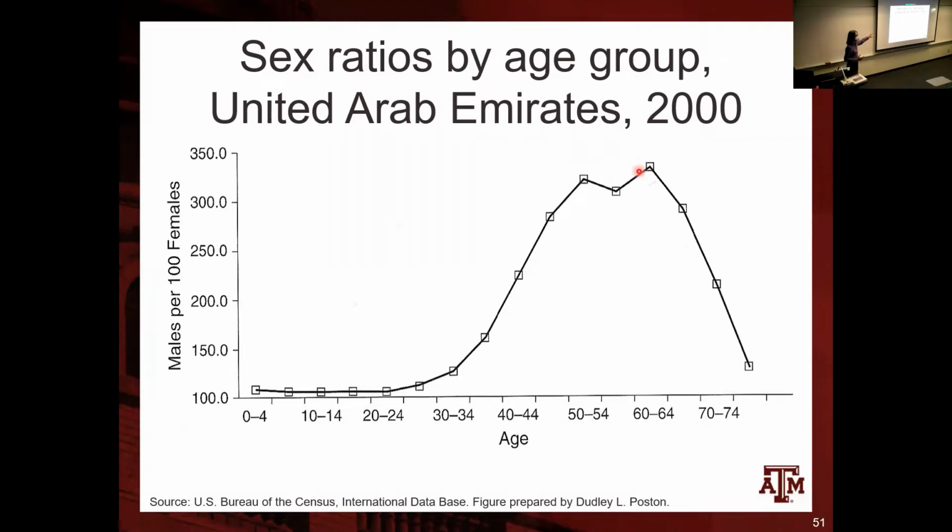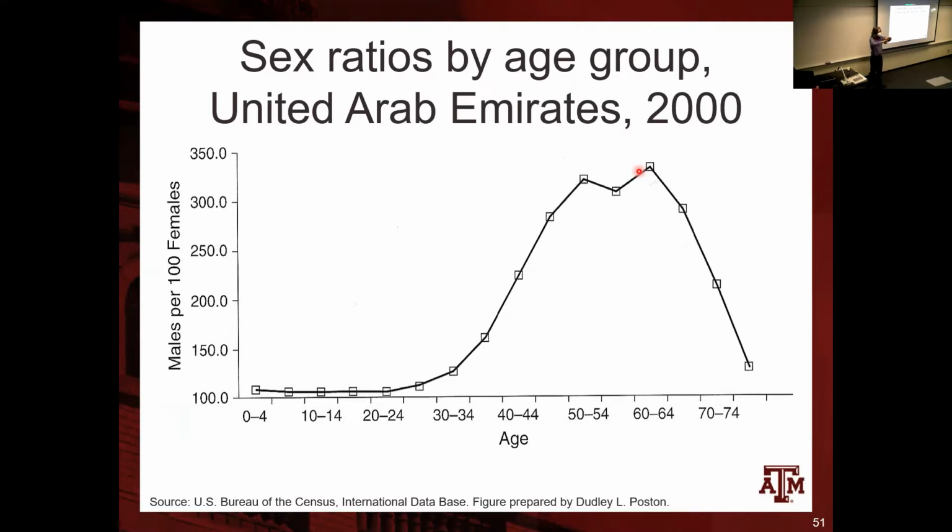A simple graph like that for one year, but broken down by age groups, gives us an idea of how the society is organized in terms of the number of men and women. We can break down this graph of sex ratio, which pretty much divides men by women by age group.